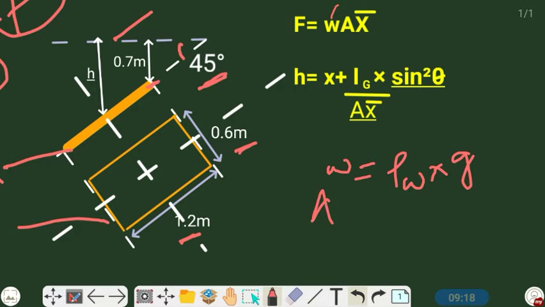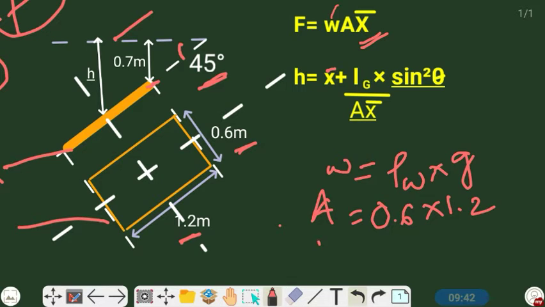A we know, A is 0.6 into 1.2. X bar we need to find out. I mistakenly forgot the bar here, and in the last question also. This is x bar again.